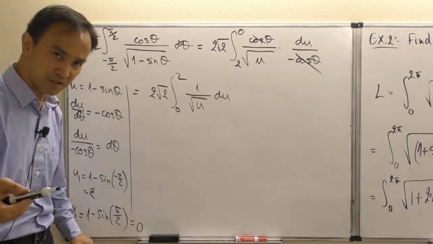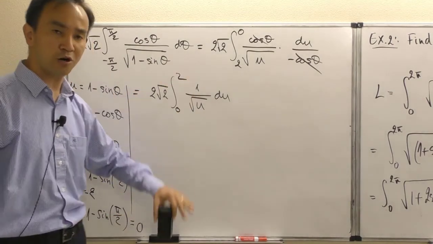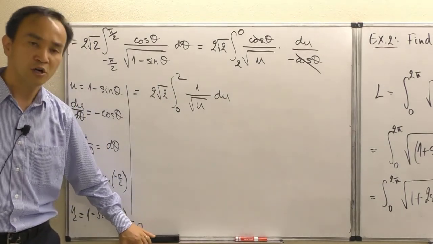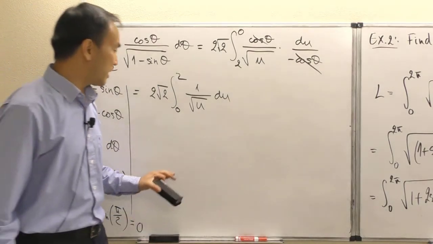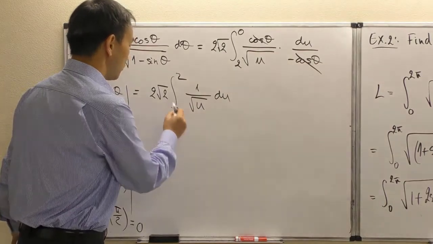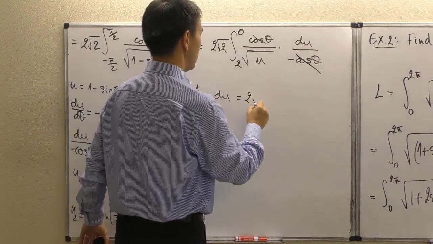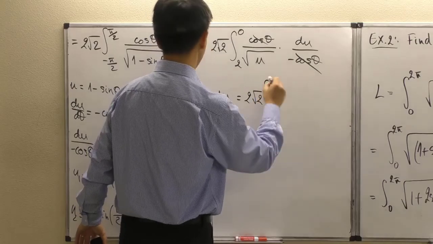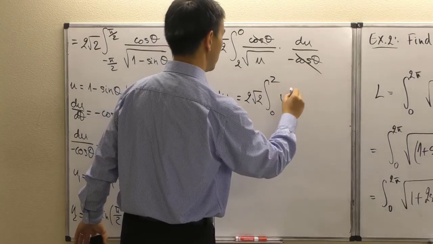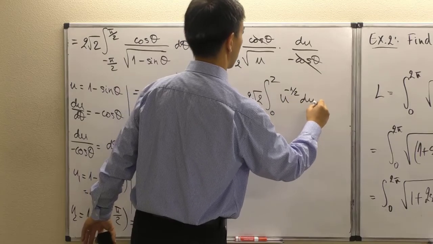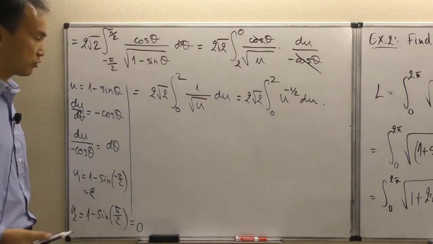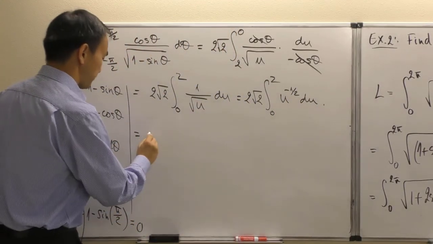We flip the sign anytime we reverse the integral order. Once we get to this point, we can think of this as 2 square root 2 times the integral from 0 to 2 of u to the negative 1/2 power, and now things will fall out just as usual.